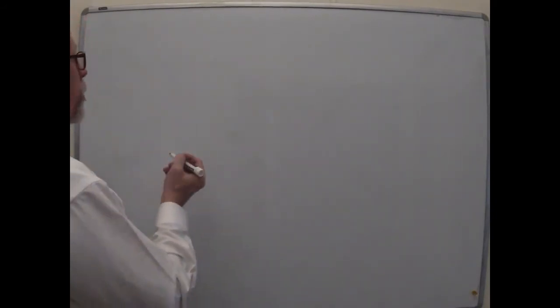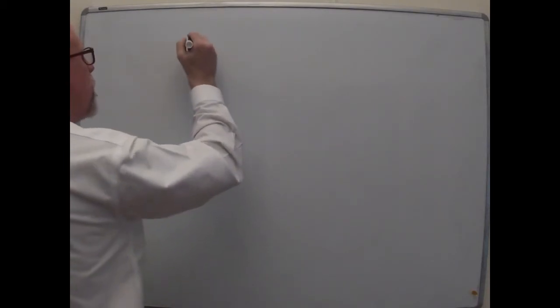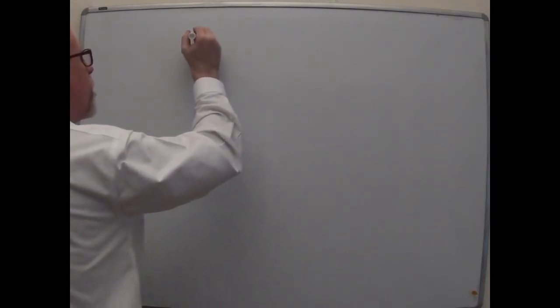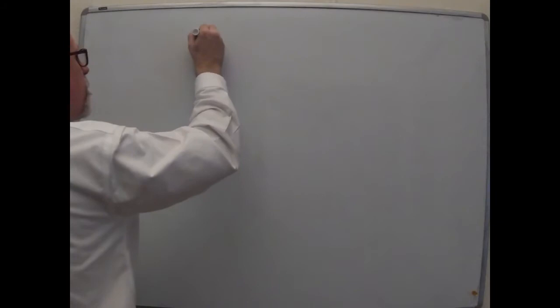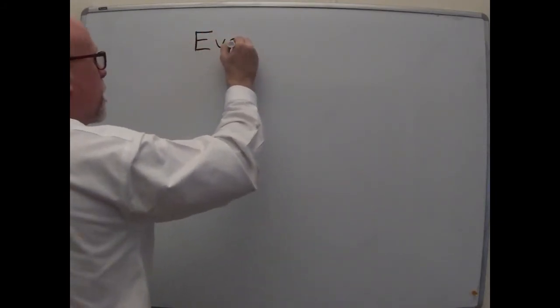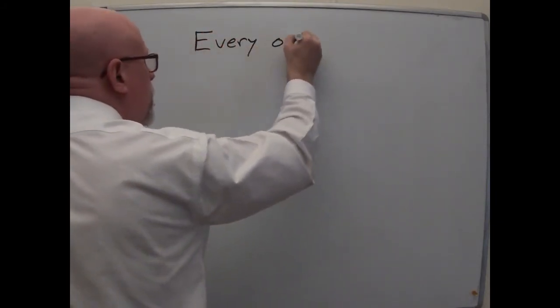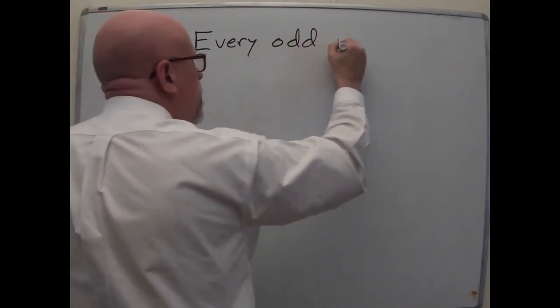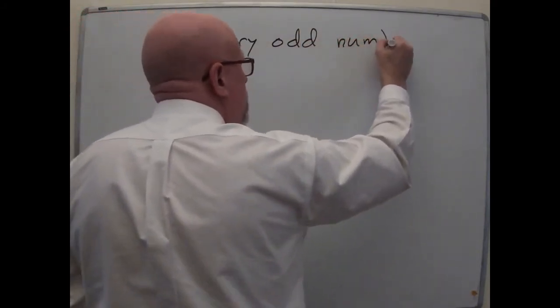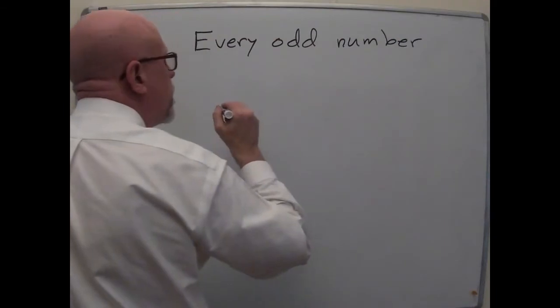So let's do an example of an argument that's of that shape, that has the universal modus ponens things. How about this? Every odd number has a square that is also odd.